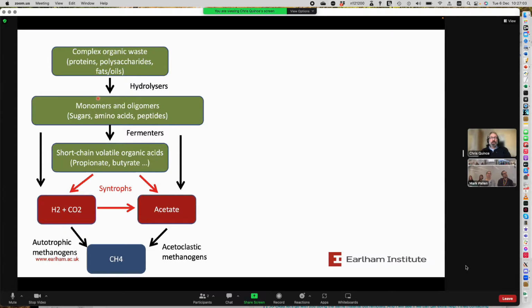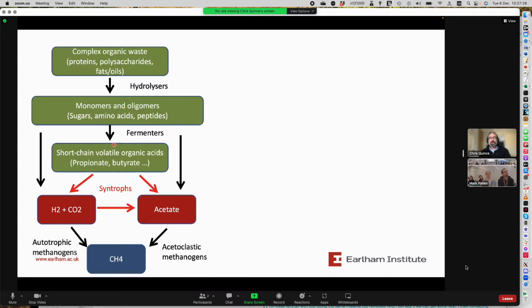Now, to do that, we need to understand something about how the AD community actually functions. As I said, it's a lot like a gut. The input is complex organic waste, and the first step in the community is hydrolysis of that, the conversion of those polysaccharides into monomers and oligomers.